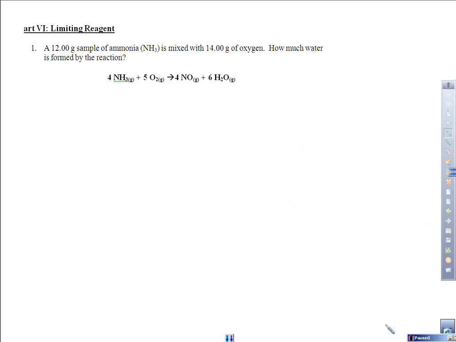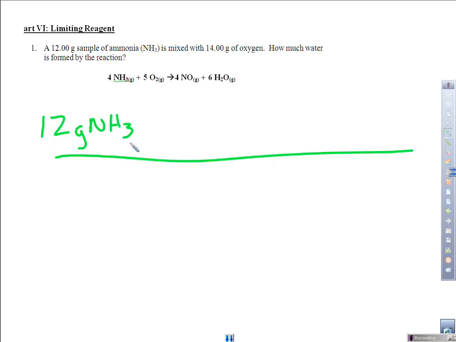Okay, so the last problem is going to be limiting reagent. So what you're going to do for this one is we set it up by saying, if we have 12 grams of ammonia, and that's the only thing we had, and let's say that was the limiting reagent, how many grams of water would be formed?